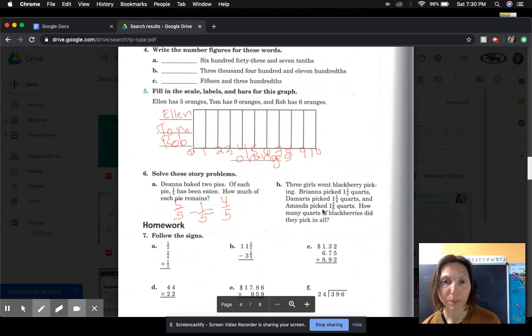Let's look at B. 3 girls went blackberry picking. Brianna picked 1.5 quarts. Damaris picked 1.25. Oops, that looked like a 7. I'm going to erase that.